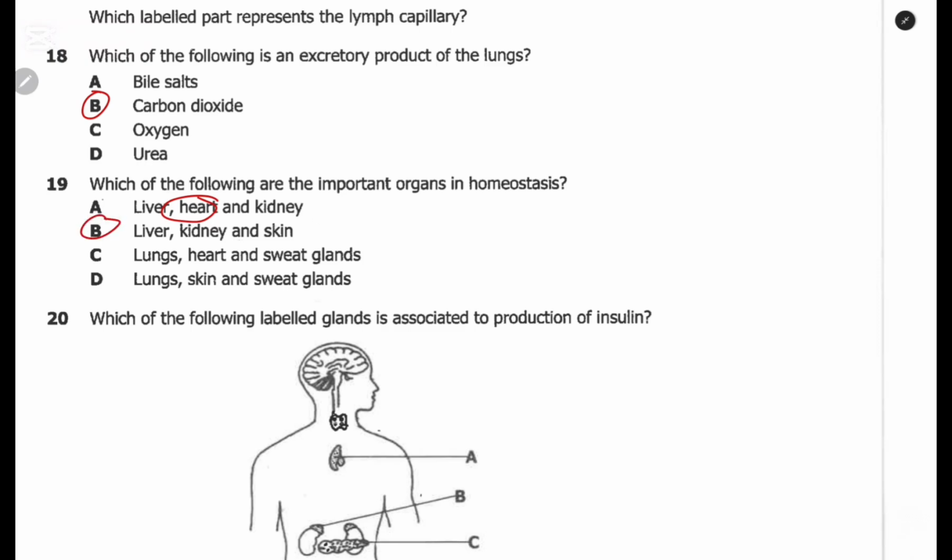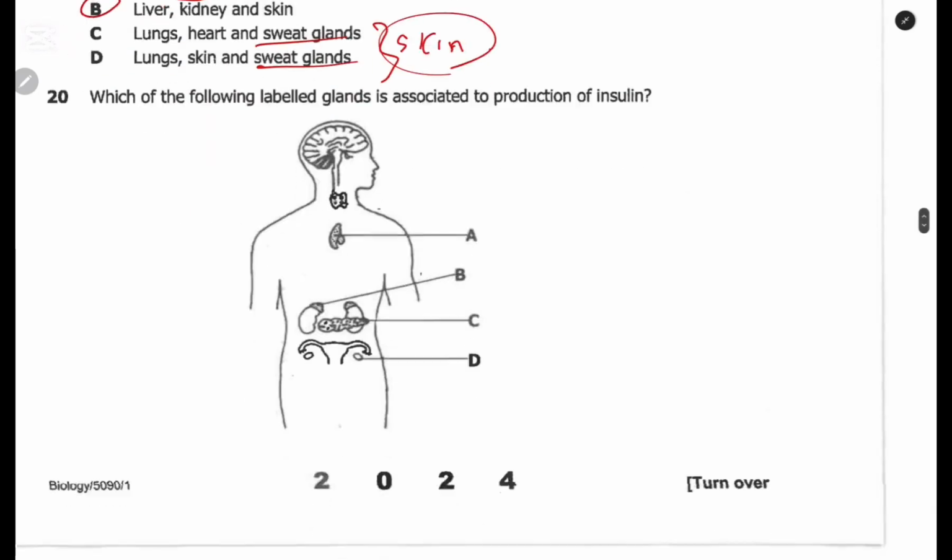So therefore the answer here, question 19, is B. Okay, here it is not the answer because of the sweat glands. The sweat gland is part of the skin, so you cannot put the skin and the sweat gland. The sweat gland is found in the skin.